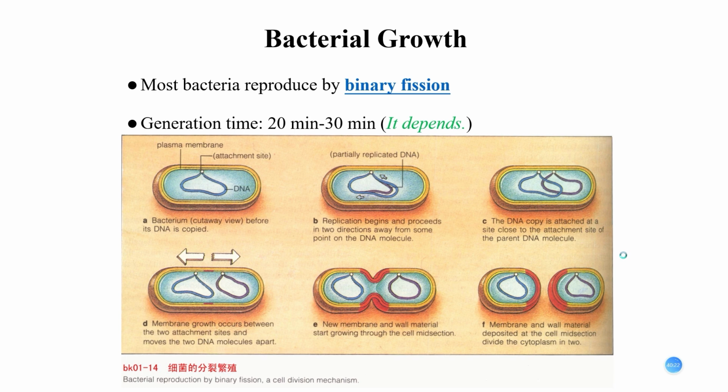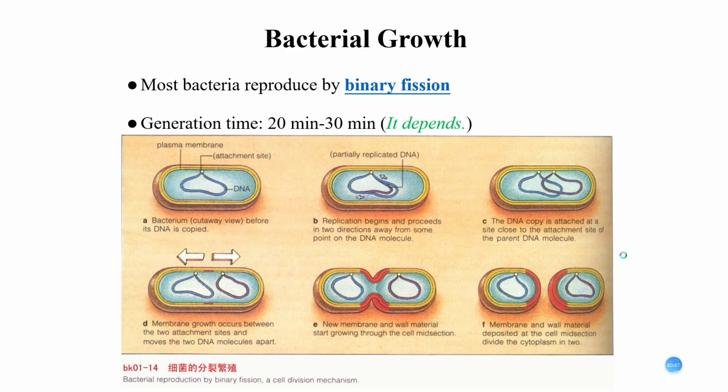Finally, you will have 2 smaller daughter cells, but each carry a chromosome. And this daughter cell will grow bigger and split again. And the time for each generation, time for binary fission is called the generation time.